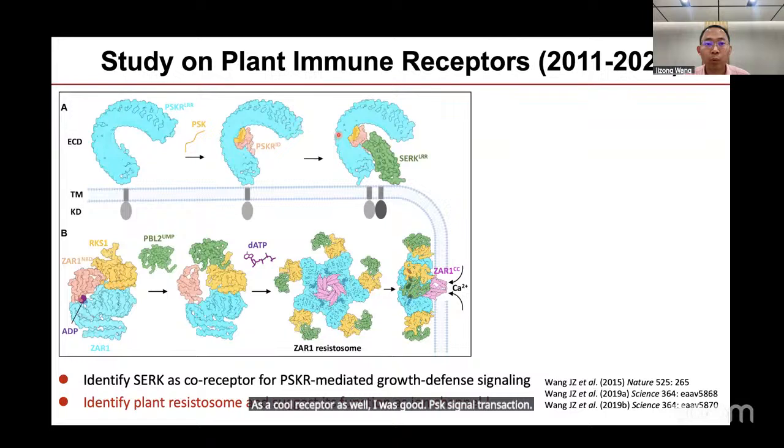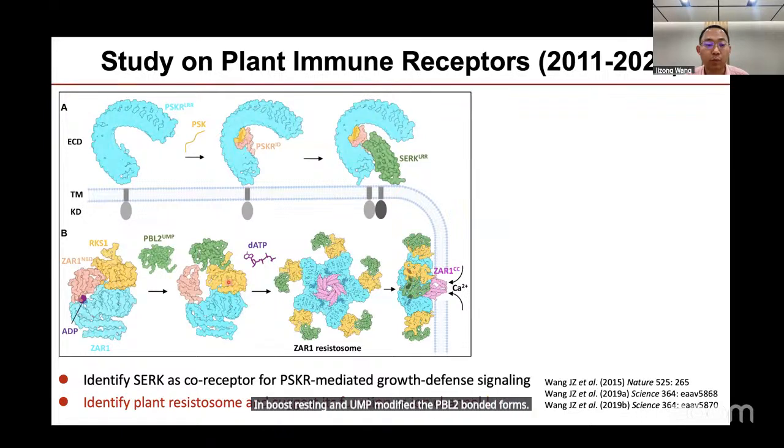Then in my postdoc, I turned to investigate the intracellular immune receptors and discovered the plant resistosome, and further suggested its function as an ion channel. Again, I first solved the structures of the ZAR1-RKS1 immune receptor complex in both resting and UMP-modified PBL2-bound forms.